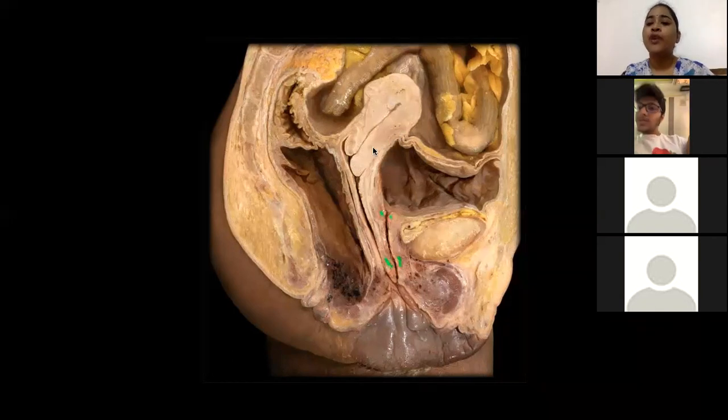So in 95% of cases, the uterus is anteverted and anteflexed. Whichever side the uterus is bending, that side will be your anterior side. So this is an anteverted, anteflexed uterus. It is sitting over the urinary bladder.